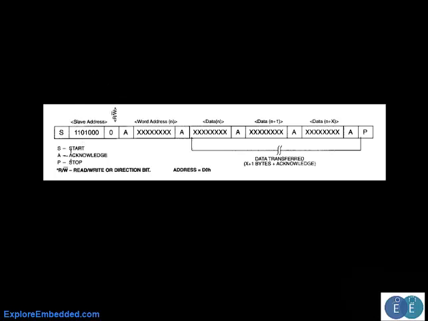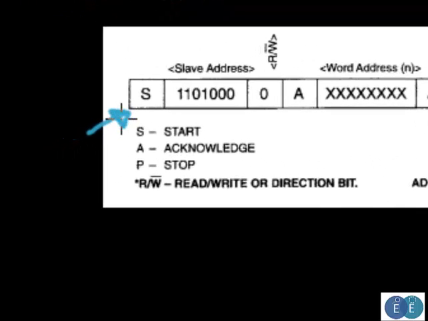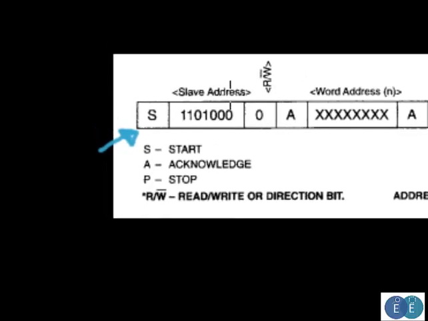Now this is the format to write. What we need to do is send a start condition or a start bit, which we will see in a little while. So we'd send a start bit, and then we would send this particular address.